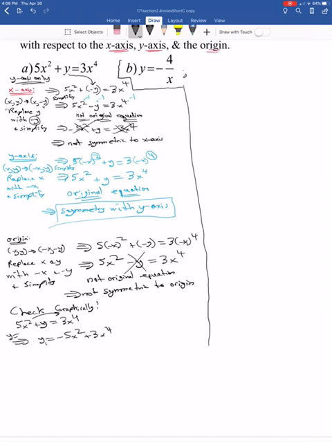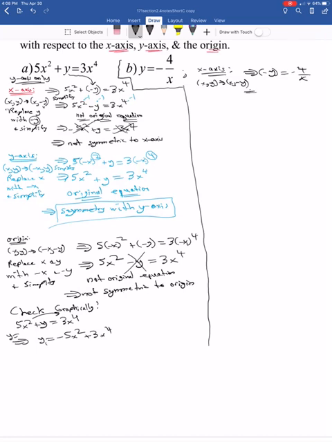So I'm going to start with the x-axis. So again, plug in our point. All right, every ordered pair x, y, we should see the point x, negative y on there. So that implies negative y equals negative 4 over x.